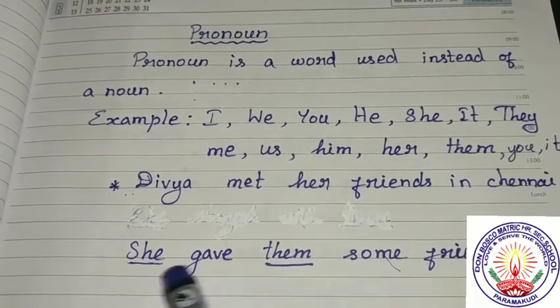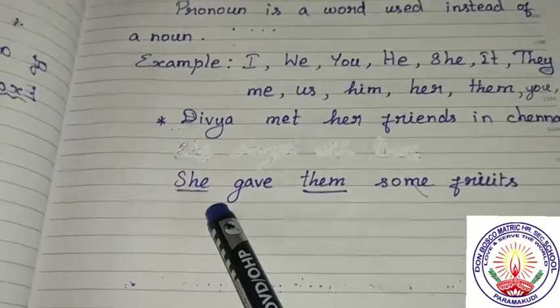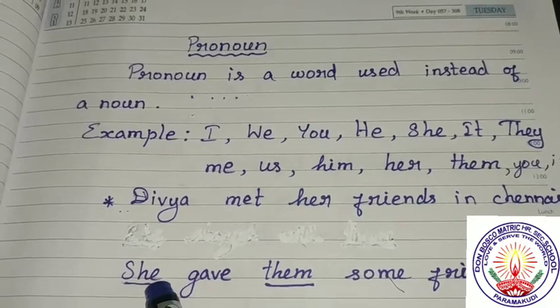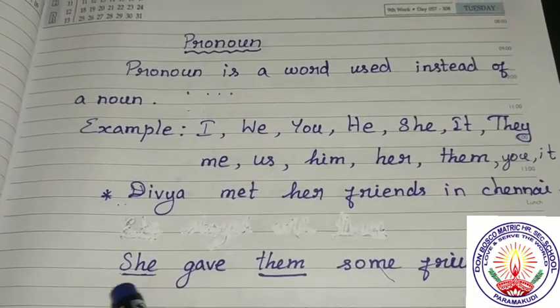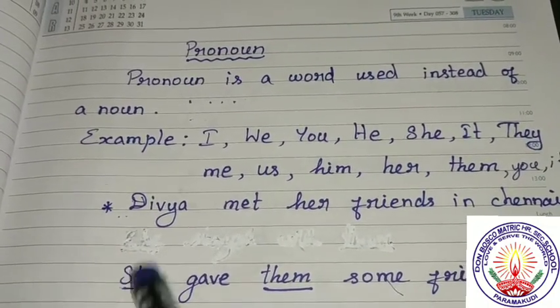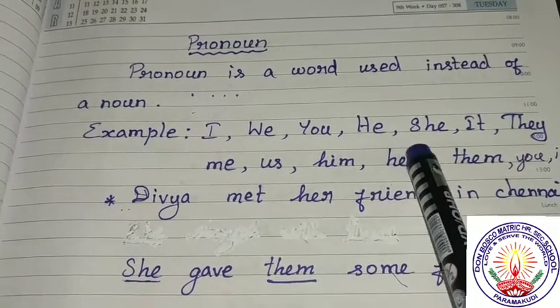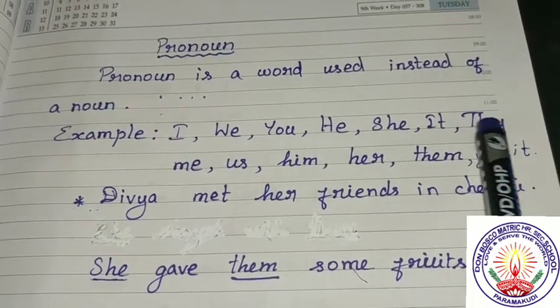She gave them some fruits. Here, what are the pronouns? She, them. Who does the action, who gave? She. So she is the subject, a subjective pronoun. Here we cannot use her, because those are objective pronouns and these are subjective pronouns.